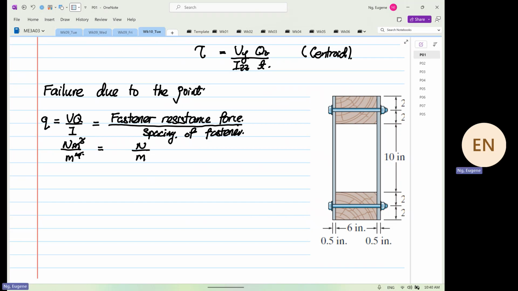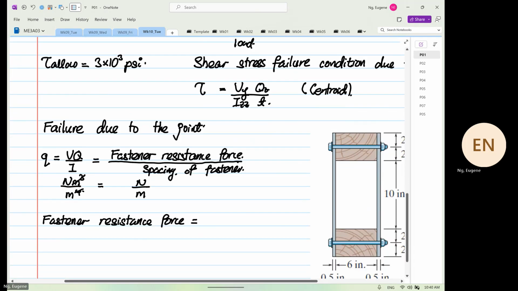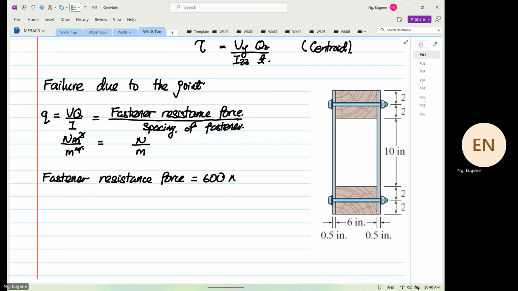So we are given that the fastener resistance force is equal to 600 Newton.